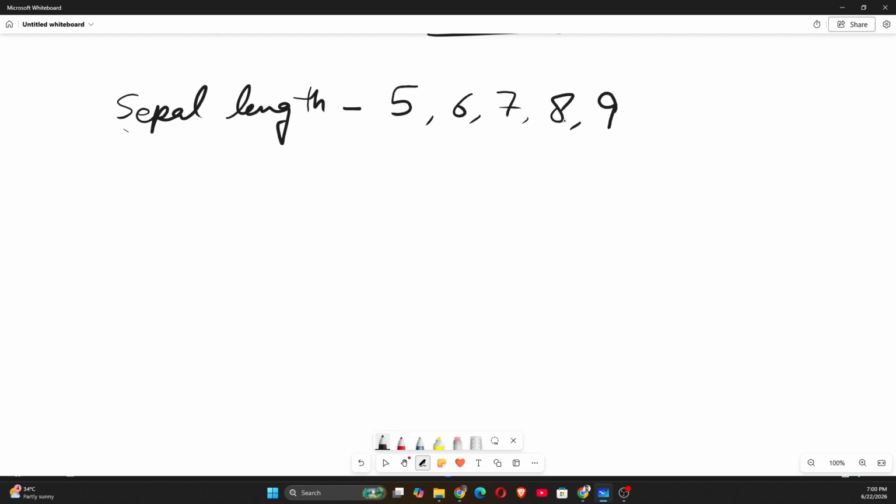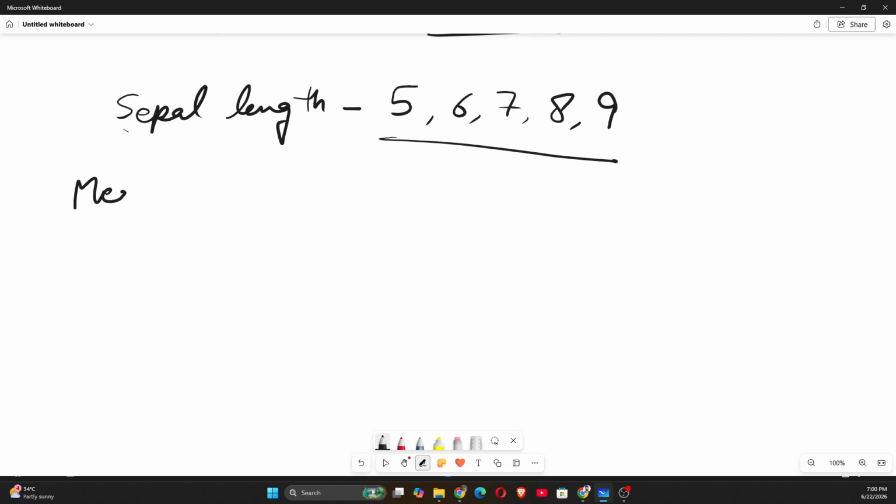First is mean. Imagine sepal length has values 5, 6, 7, 8, 9. Just imagine it, because there it has decimals and all, but for explaining purposes I would take these 5 values. What is mean?